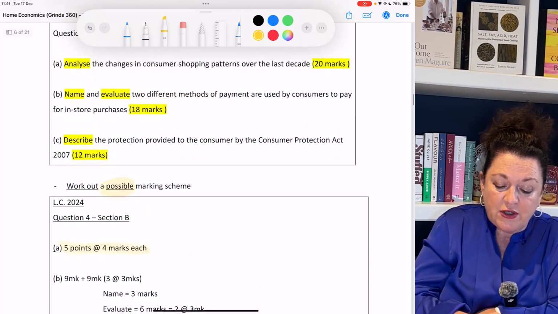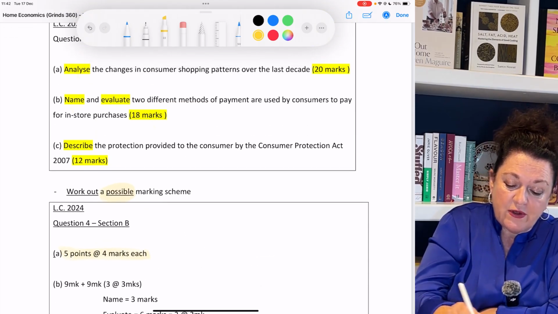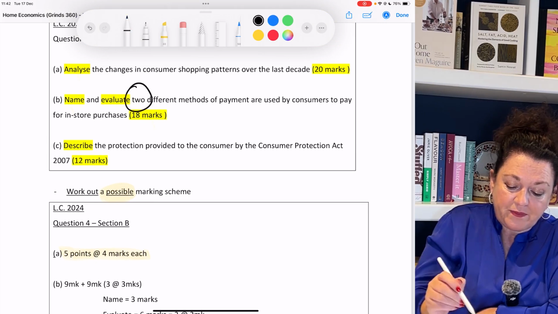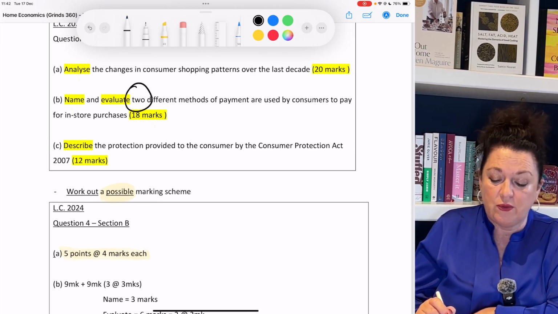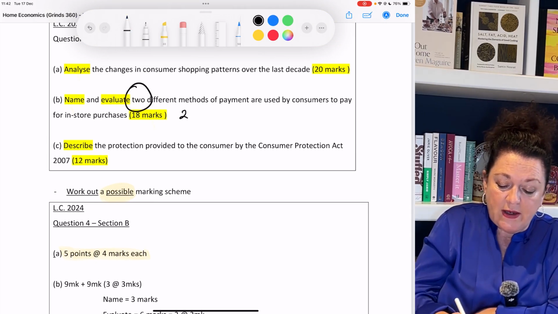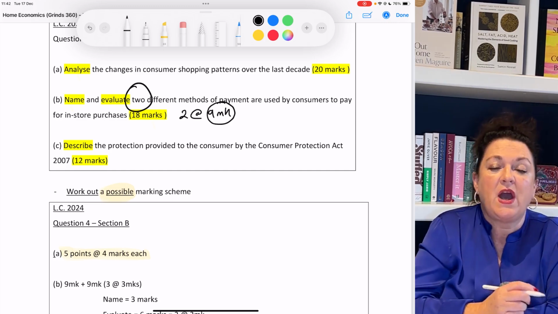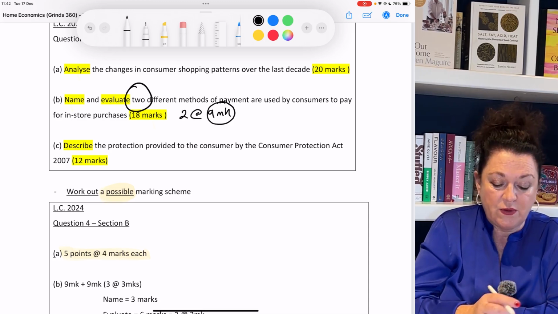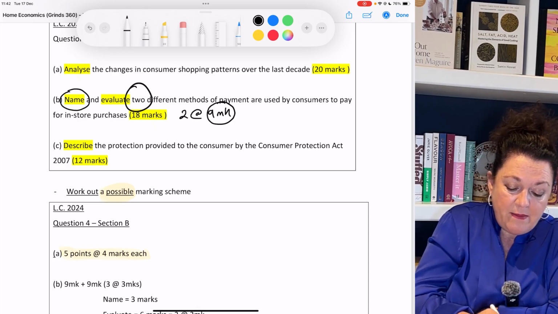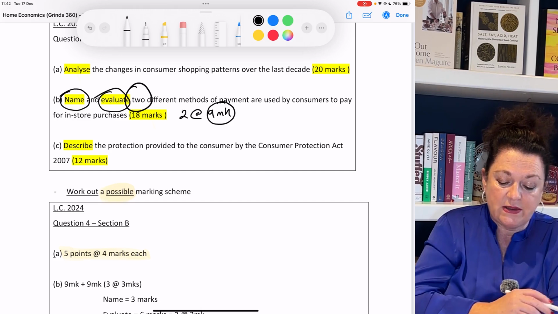It said in part B 2 different methods of payment used by consumers. So straight away I know that it's 2 at 9 marks. So I now need to make up what that 9 marks is composed of. It's composed of a name and evaluate.